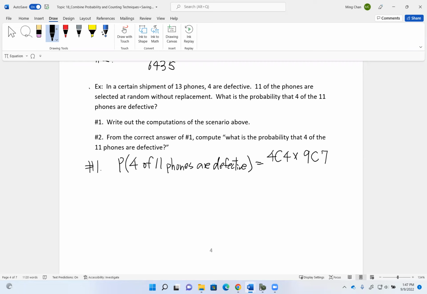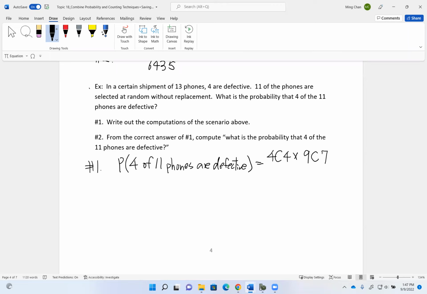If there are 4 defective, that means there are 9 that are not defective. If I need to select all 4 of these defective phones out of the 11, that means there are another 7 phones I can choose out of the 9 non-defective. So this gives me how many ways to choose the non-defective, and this gives me the ways of choosing defective phones.